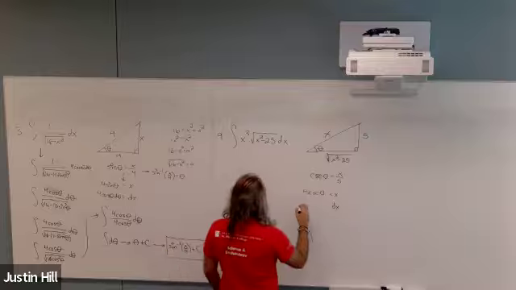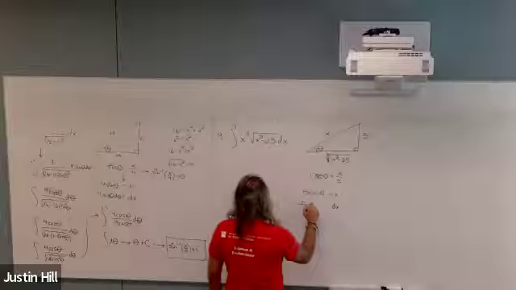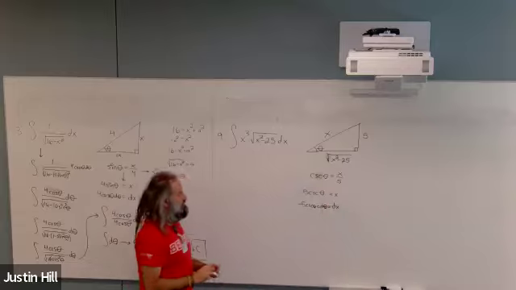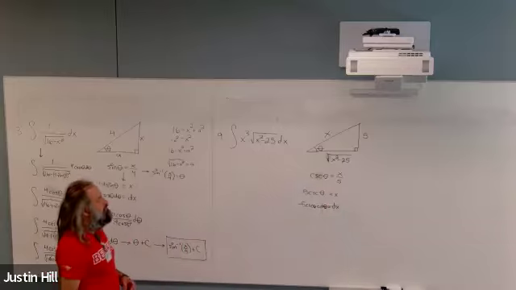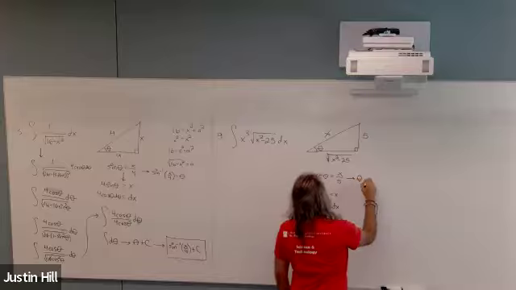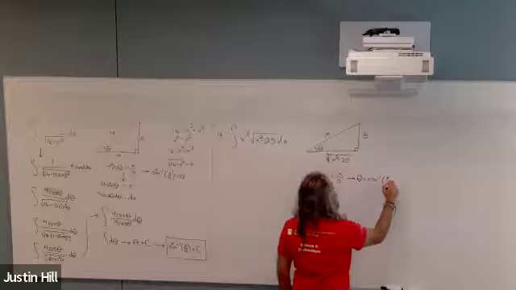Good, and hopefully you remember that would end up being -5 cosecant theta, and then you tack on a cotangent theta. This also tells me that theta is the inverse cosecant of x over 5.